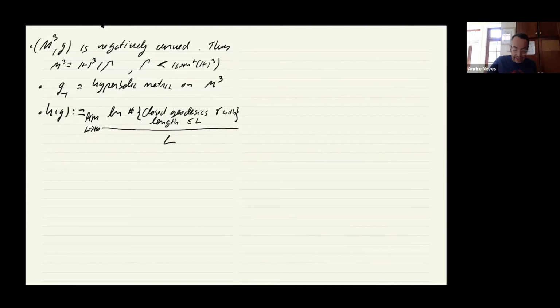Of course, we should take the lim sup or the lim inf, but it was shown by Margulis that this number is well defined. That's part of the theorem I'll state next.